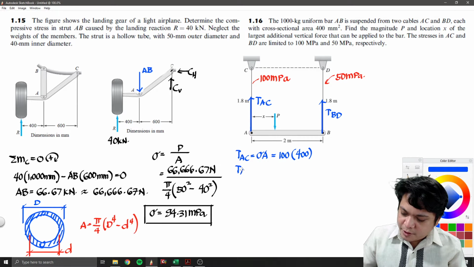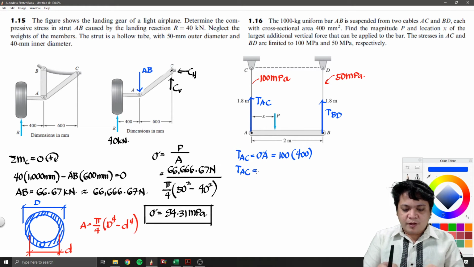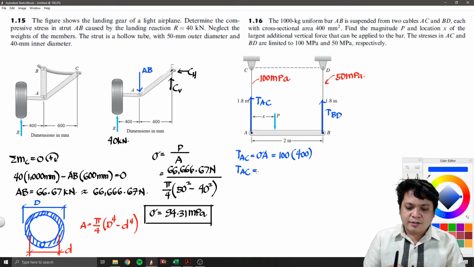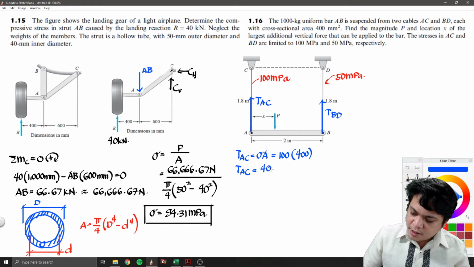So TAC is 100 times 400, that's 40,000 Newton.